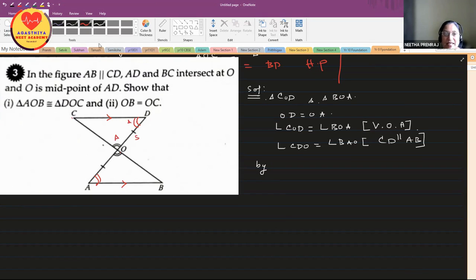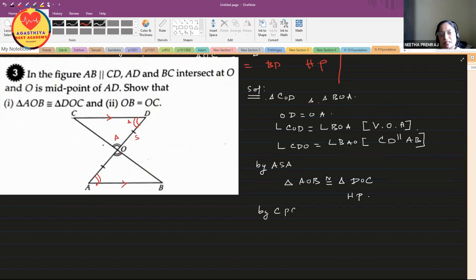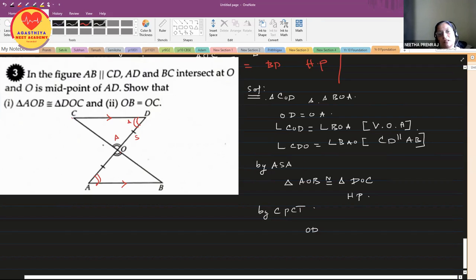By ASA, triangle AOB is congruent to triangle DOC. Hence proved. Then how do you write OB is equal to OC? Simply write by CPCT. CPCT, OB is equal to OC. That's it. The sum is over. Okay, guys, make a note of it.